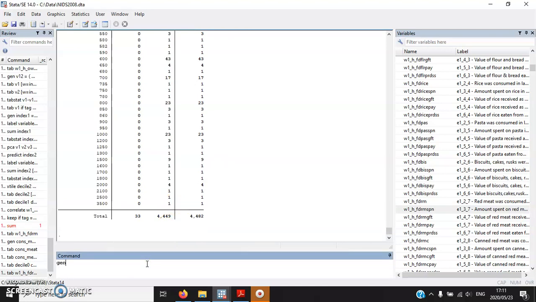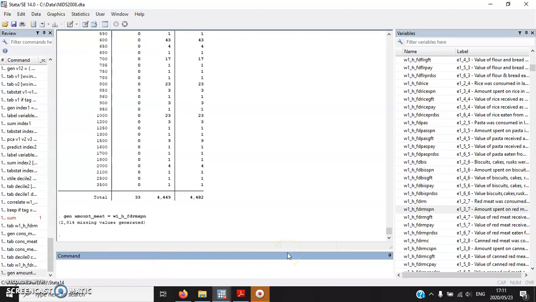Okay, let me generate a variable called meat consumption amount meat equal to this one. I rather prefer to create a new variable. Okay. And then this is the original variable, red meat consumption amount. Okay, so these two variables are exactly the same in terms of the values. Okay.